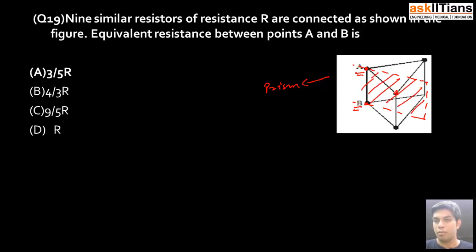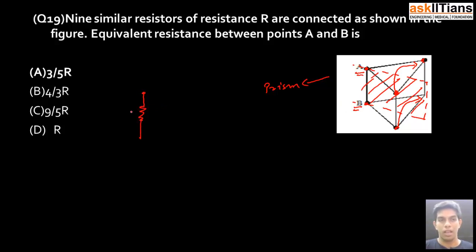So the potential at this point and this point is same, so I can make this point coincide with this point. Similarly for this point. So the equivalent circuit diagram looks like this.